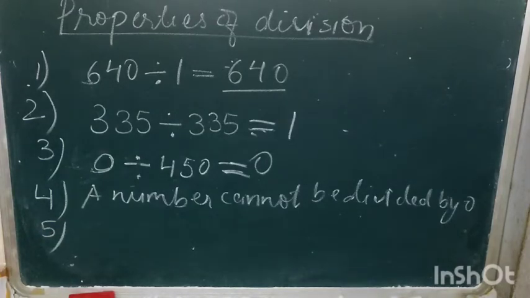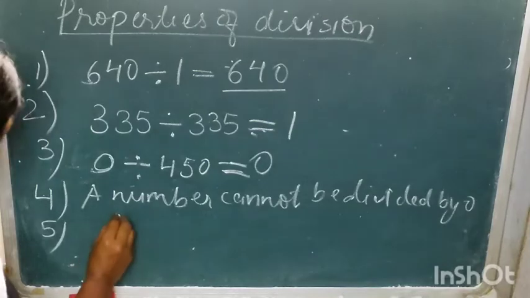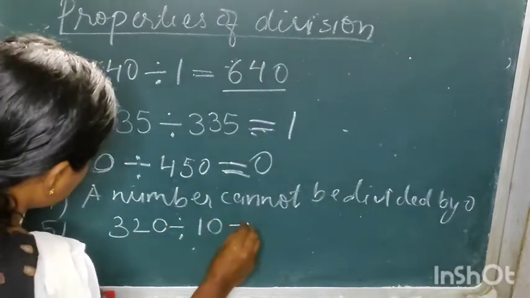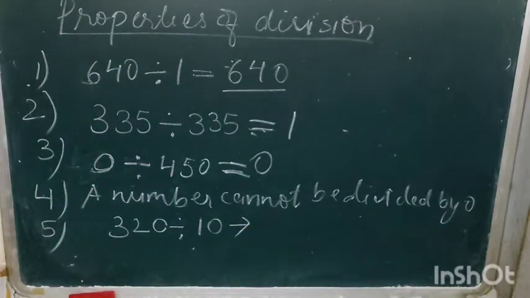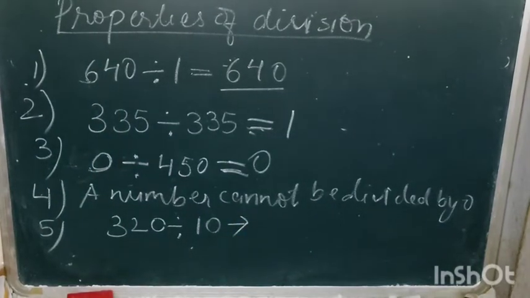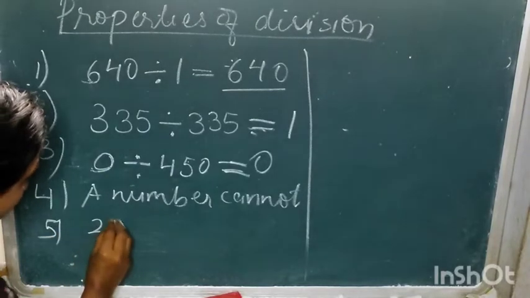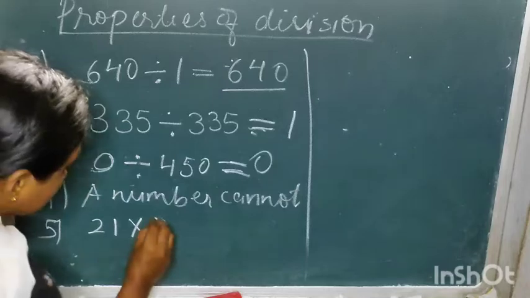Next, the fifth property is division and multiplication are related. Most multiplication facts have two division facts. Suppose 21 into 3.